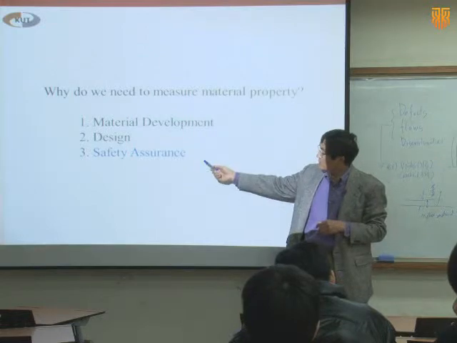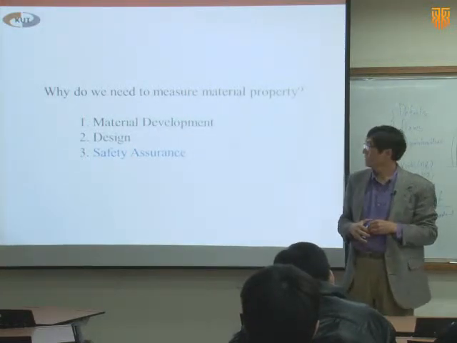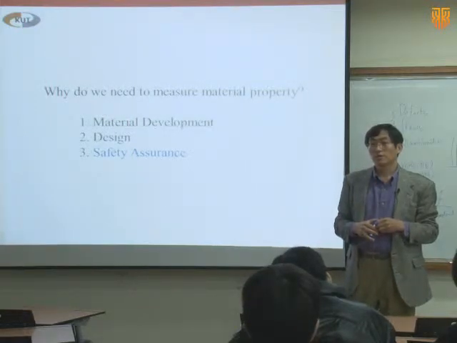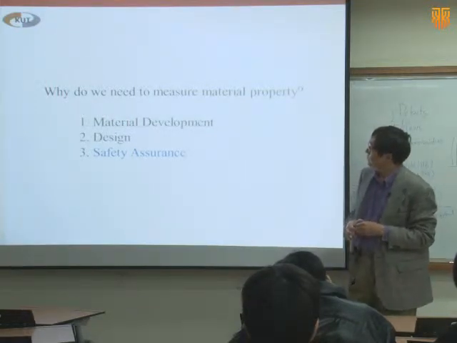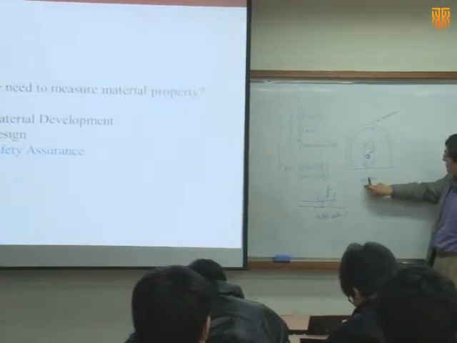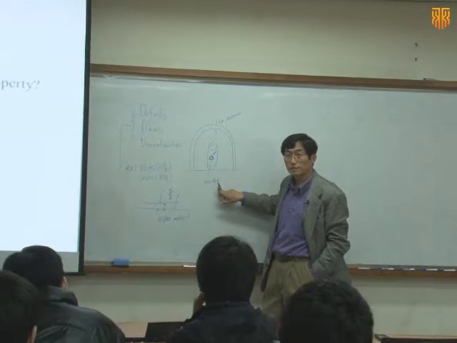But the third one is my main point I want to make in this class: safety assurance. What is safety assurance? As I said before, in this nuclear power plant, you wanna know whether this vessel, called the reactor, is safe or not, right?